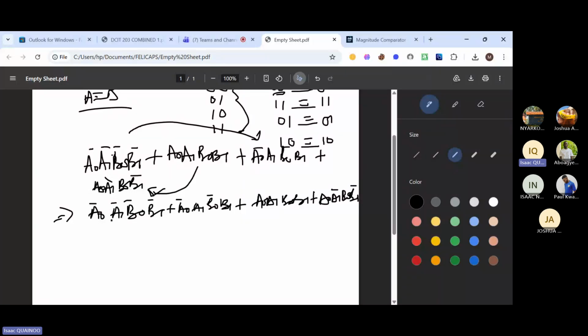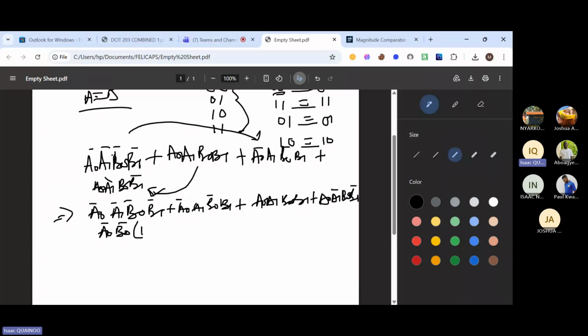If we have this, we can see that we have A0 prime here and A0 prime here, so we can factor A0 prime out. We have B0 prime here and B0 prime here, so you can factor B0 prime out also. When we factor this out, what are we going to have left?